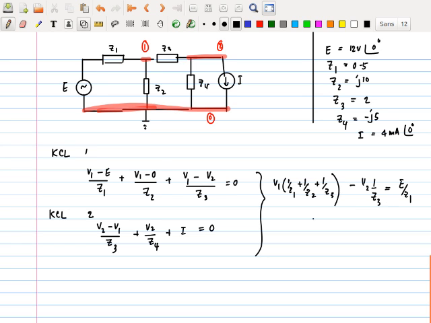That is the first equation. Then I get minus V1 times 1 over Z3, plus (1 over Z3 plus 1 over Z4) times V2, is equal to I.